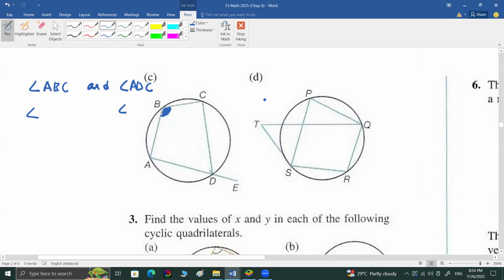The same thing for D. You find the two pairs, a pair of that given.